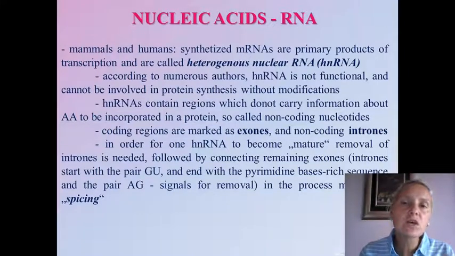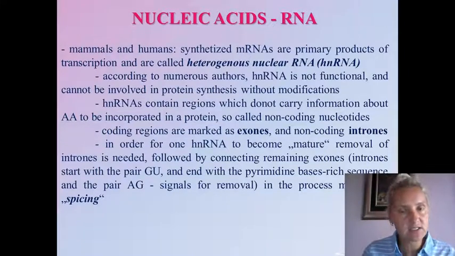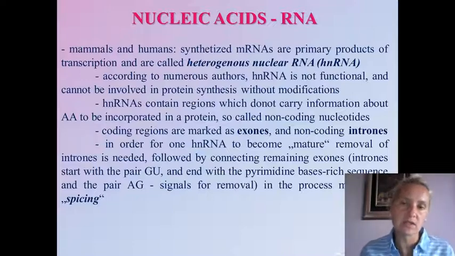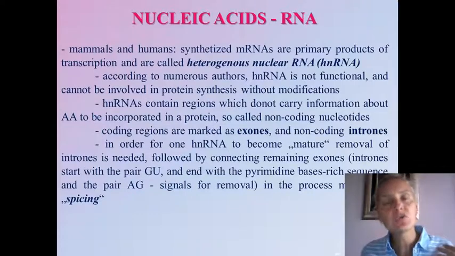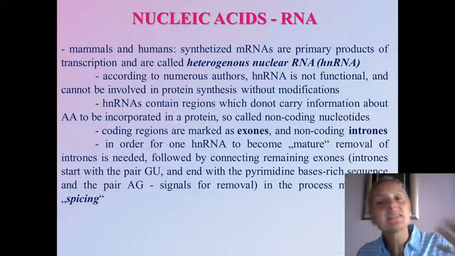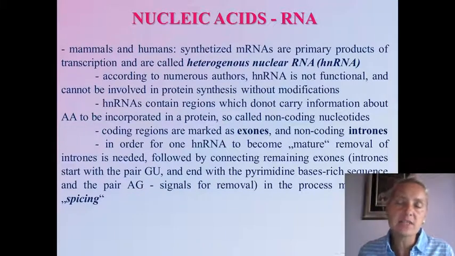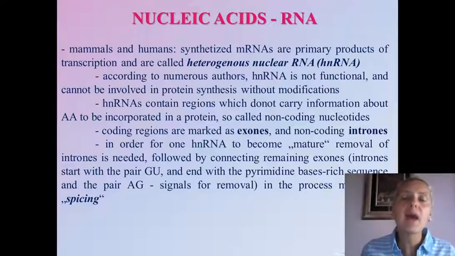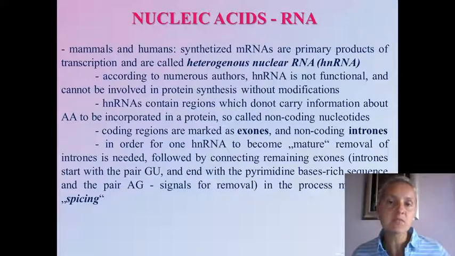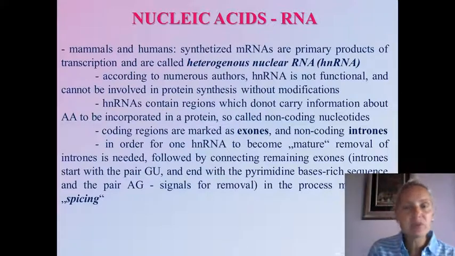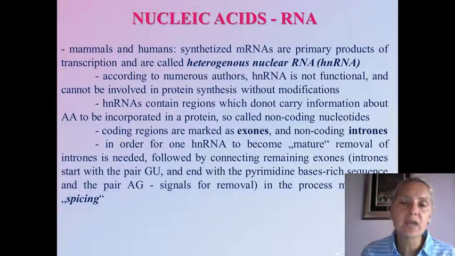The coding regions are marked as exons and the non-coding regions are marked as introns. So if we want to activate messenger RNA, if we want to make it mature, we have to remove introns from the sequence and put the exons together by the procedure of splicing.